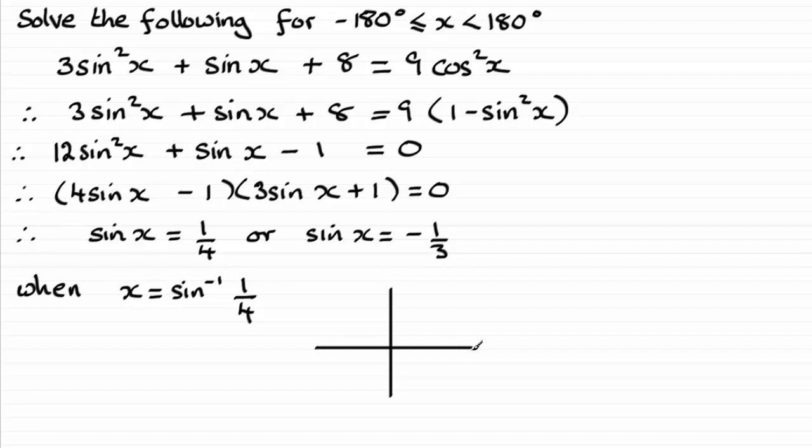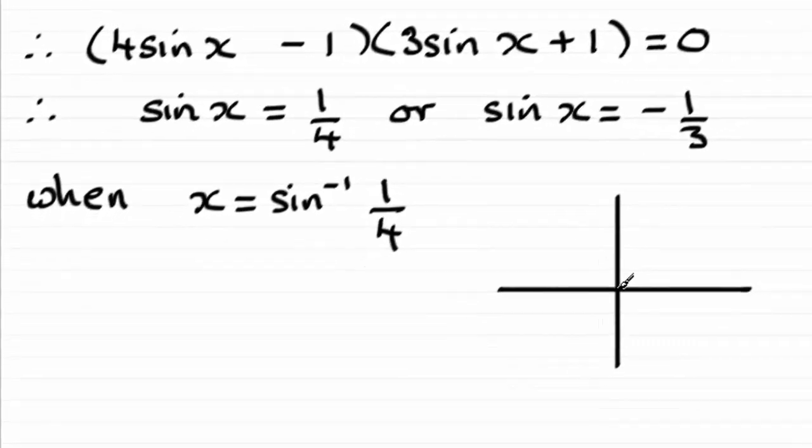If you're unfamiliar with the quadrant method, do check out my tutorials on this. Remember, sine x is a positive value, 1/4, and it would be positive in the first quadrant and the second quadrant. And I draw 2 lines, equal angle to the horizontal axis here.